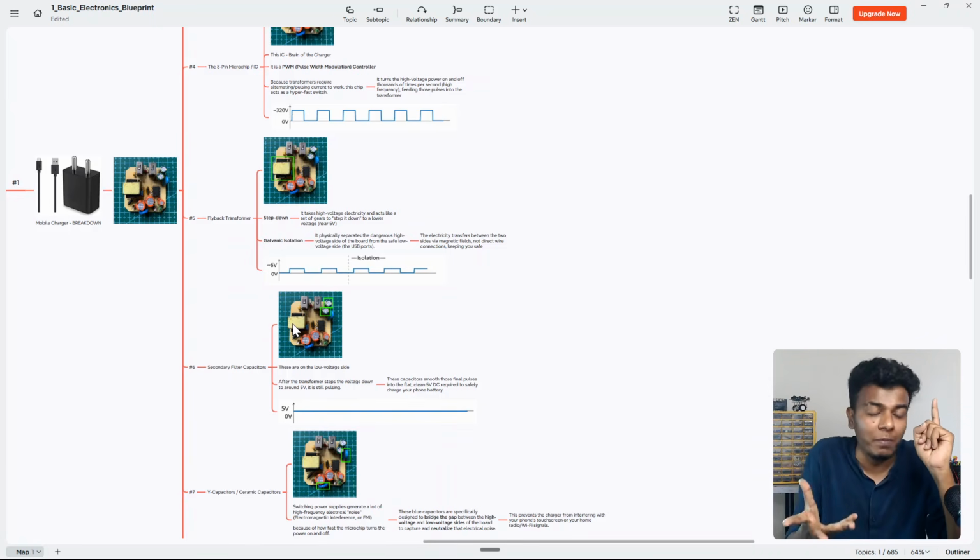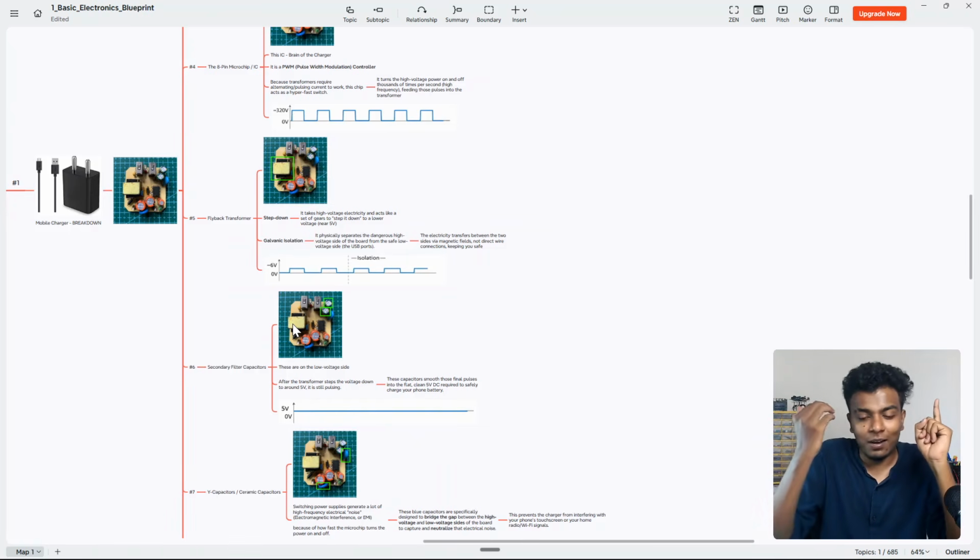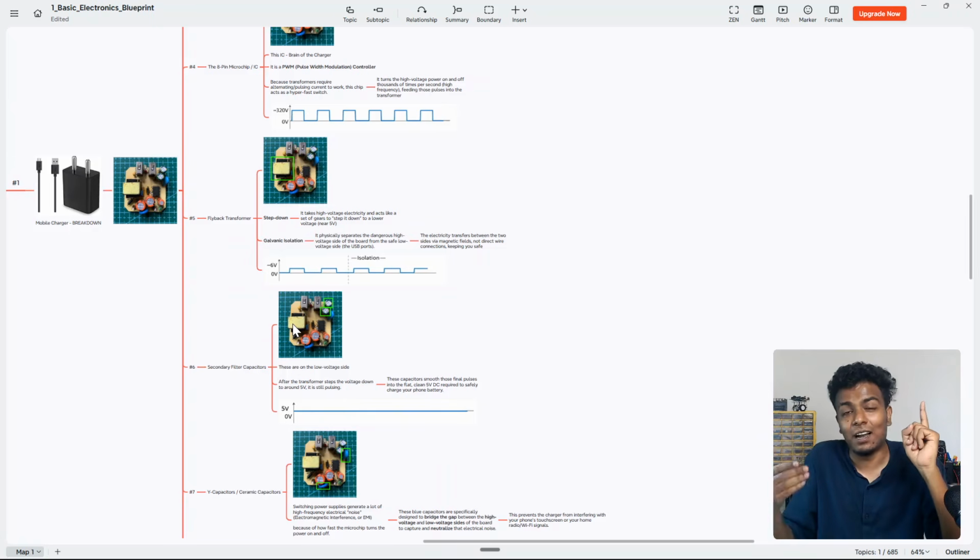Your transformer needs to be bulkier to handle such stuff. So that's why here we are putting a diode first to convert AC to DC, pulsating DC at least. And then we put a transformer to step it down: 230 volt AC to 230 volt DC, and then 230 volt DC to 5 volt DC.